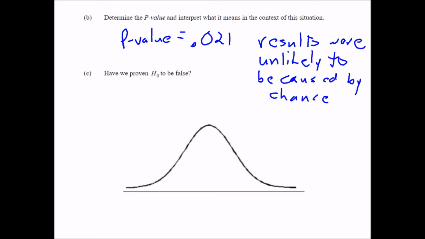It also means that these results could be replicated. It also means that the original population parameter given, so mu equals 115, might be wrong.